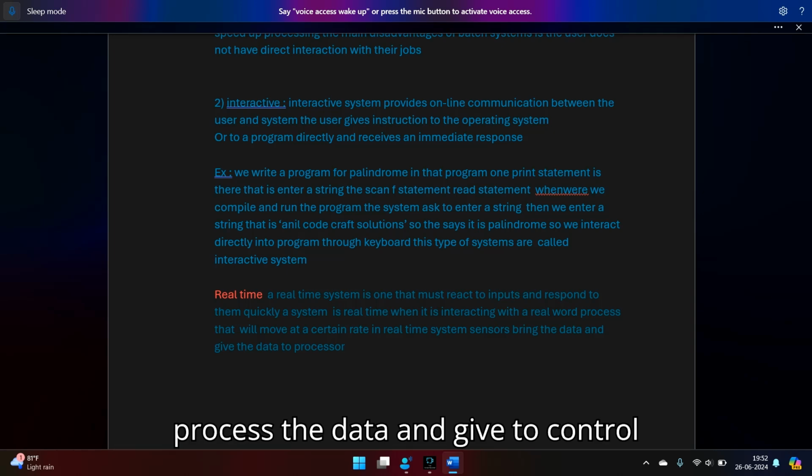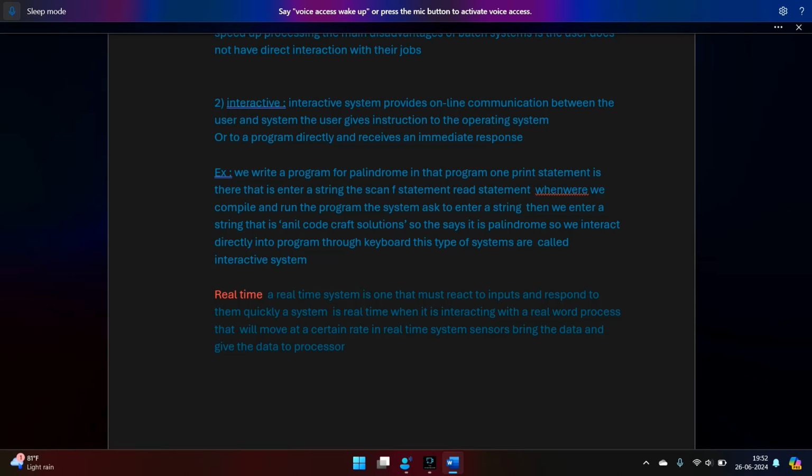The processor processes the data and gives it to the control unit. The control unit controls the system.